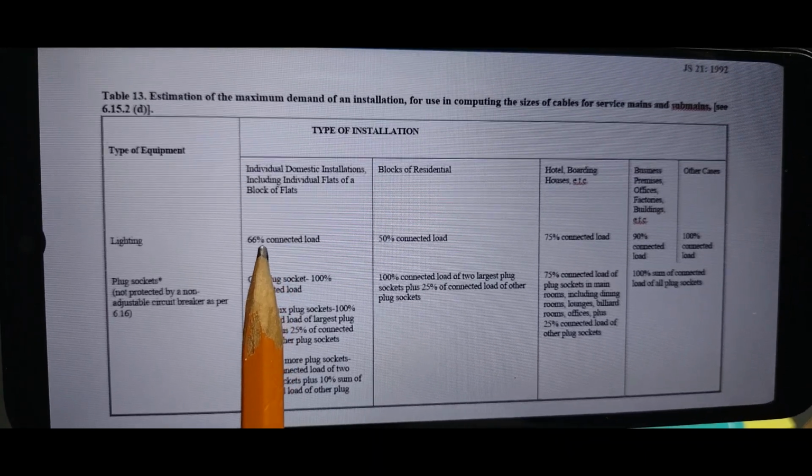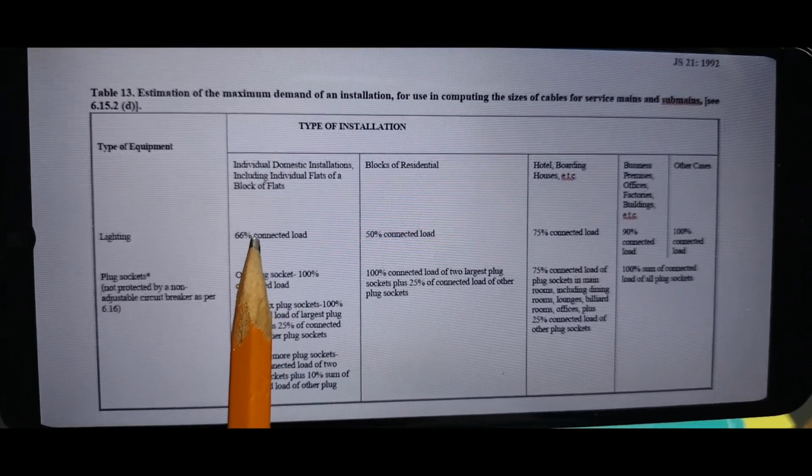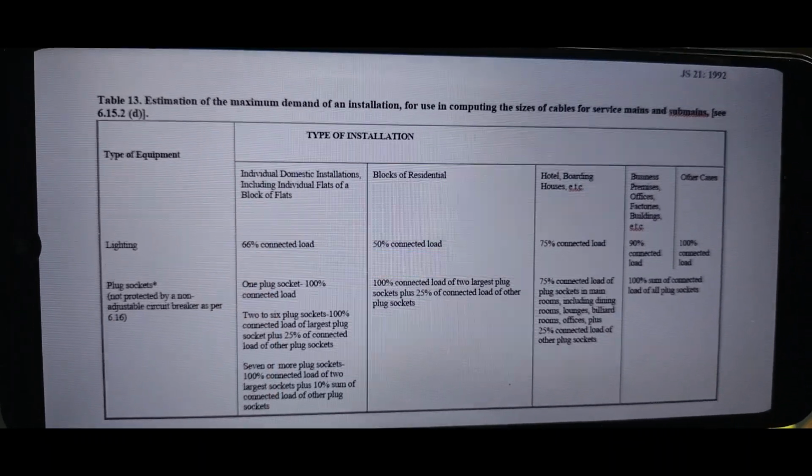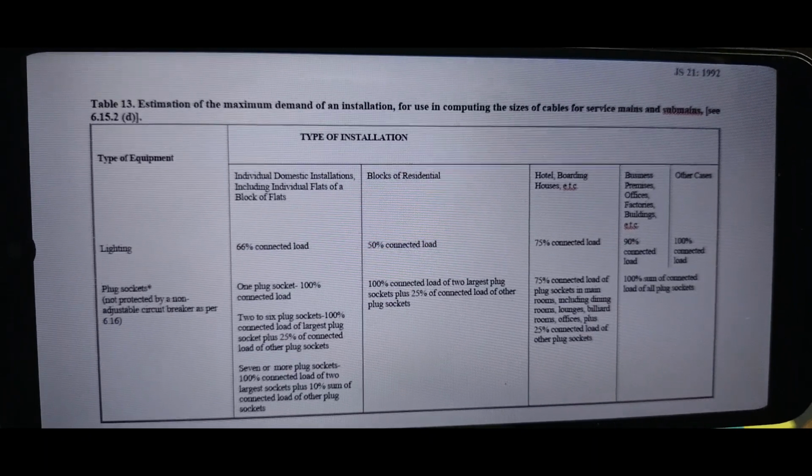Now for lighting it says 66% of the connected load. That's the factor that we will be applying to the lights. So it says for any given point in time, the most lights a person would normally have on is 66% of the lights.